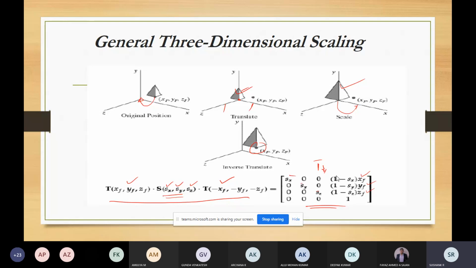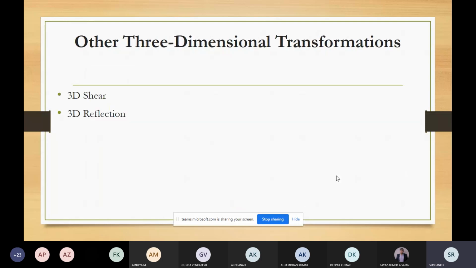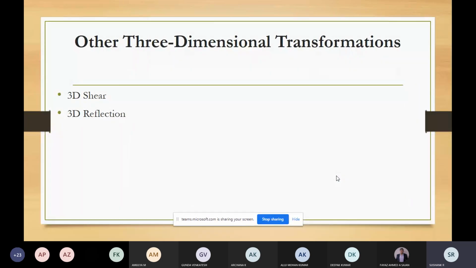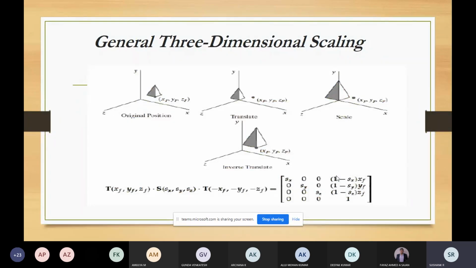So the next thing is, before we talk about the other three-dimensional transformations, we'll talk about composite three-dimensional transformation. So what does composite three-dimensional transformation mean?